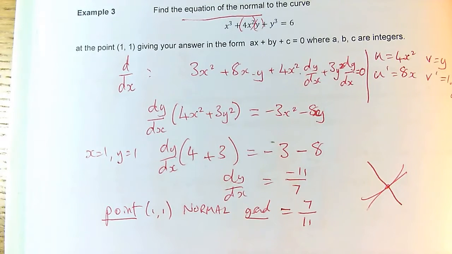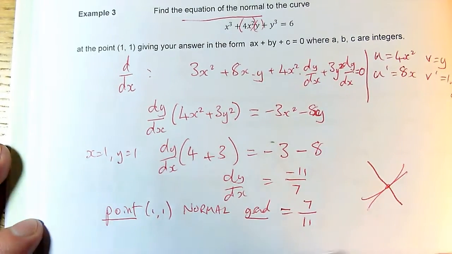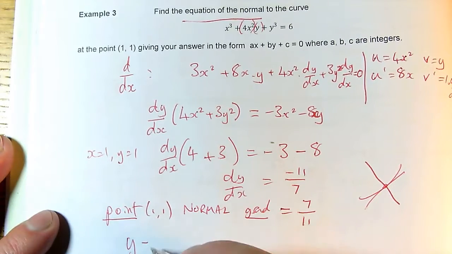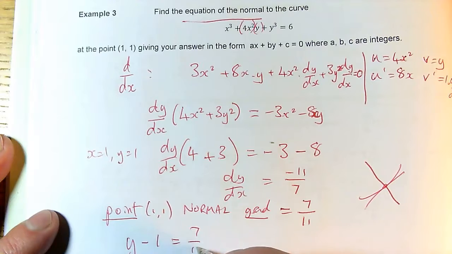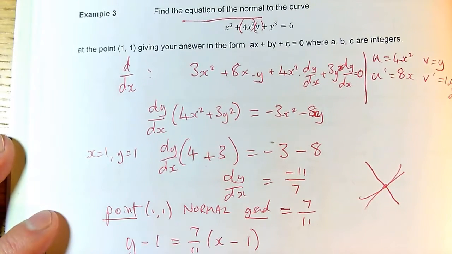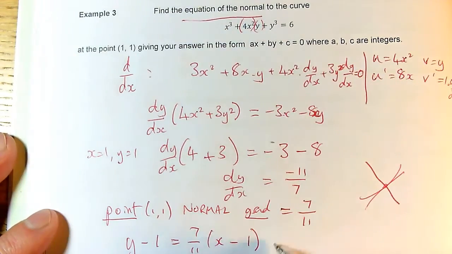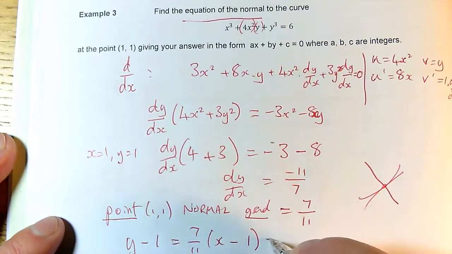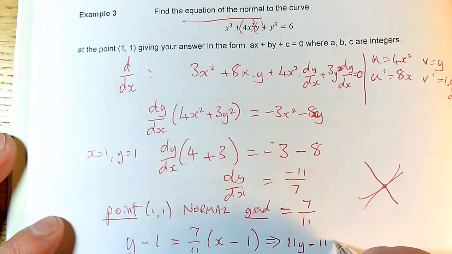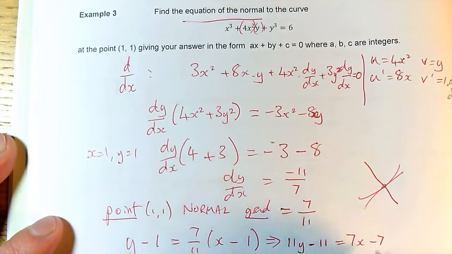So I've got a point and I've got a gradient, so now I can say that y minus y naught, which is 1, equals 7/11 of x minus this 1. And that's my equation, but I've got to give it in the form ax plus by plus c equals 0. So get rid of fractions, multiply by 11. So 11y minus 11 equals 7 times the bracket, but that's 7x minus 7.